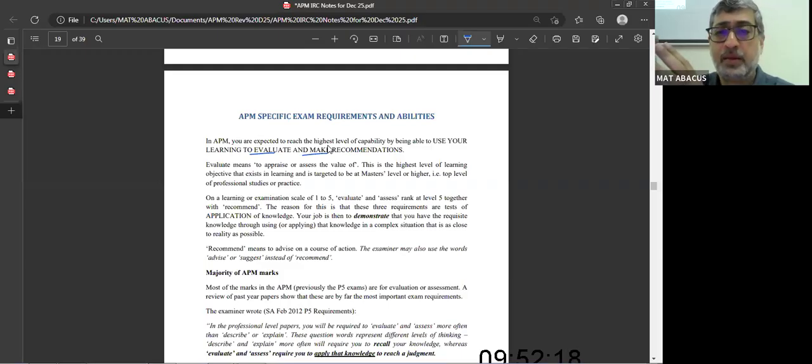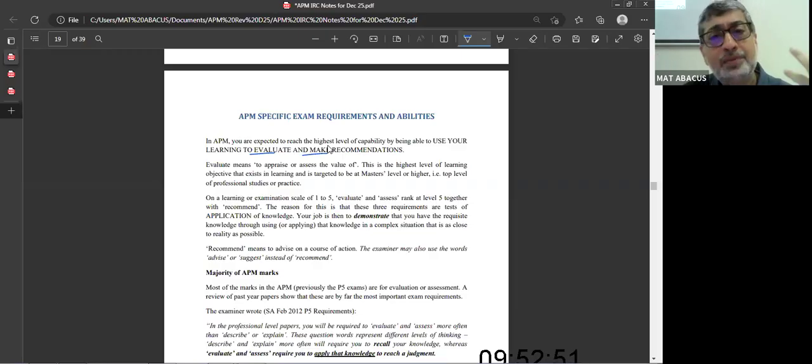In fact, in many questions, when the examiner says evaluate or assess or analyze or recommend, if you don't give any theory at all, you just apply, we will give you full marks. When you look at the marking scheme, most of the time the marks are only for the evaluation and recommendations and analysis and assessment, which means what the examiner has asked. So if it's 10 and you do only evaluation, assessment, analysis, and recommendation, you'll maximize your marks.